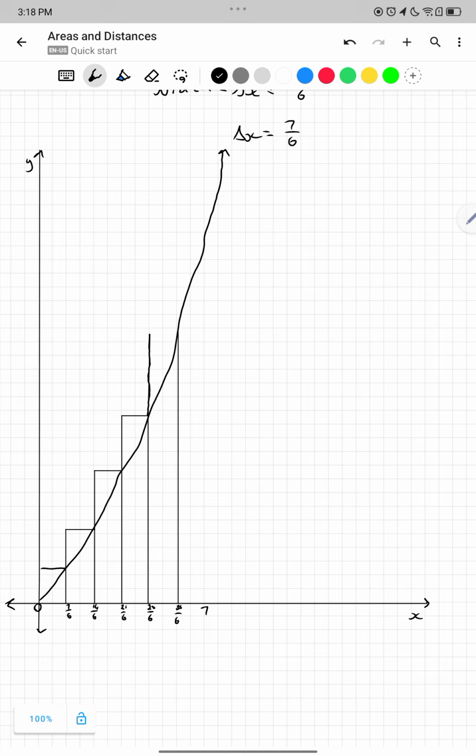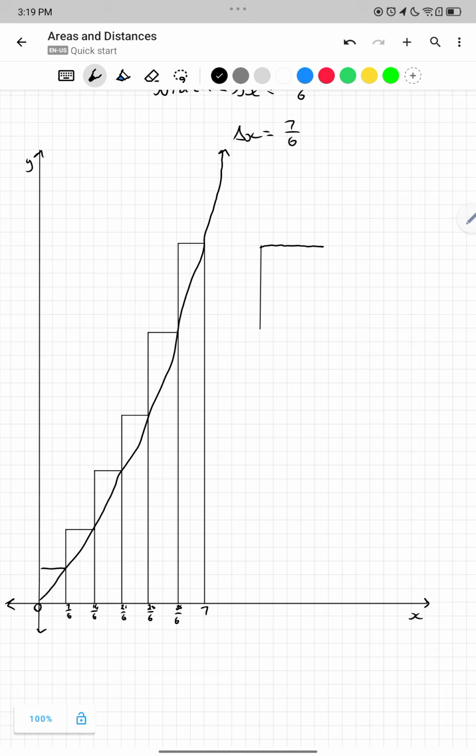So this is this. And our last rectangle is like this. Okay, so we have that. And then our little table.